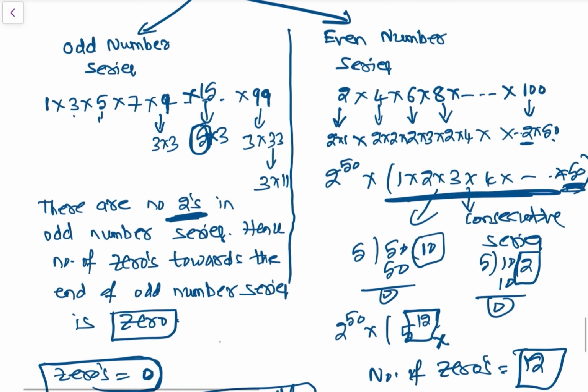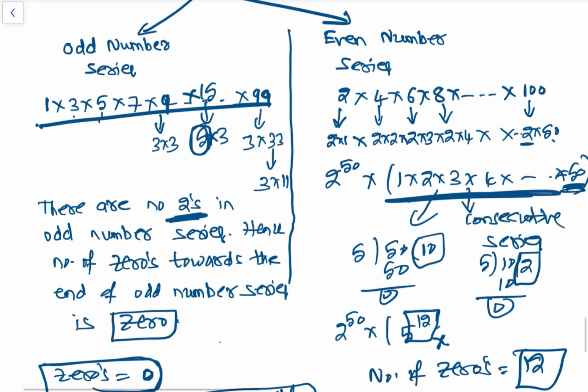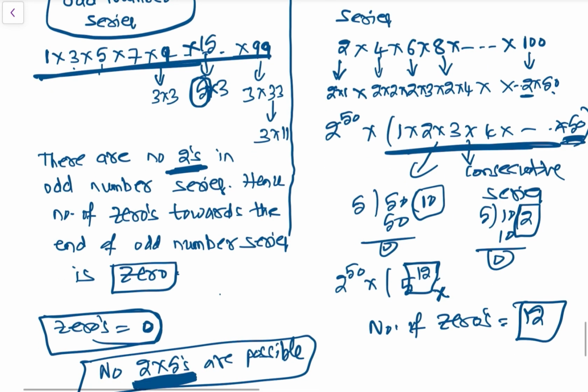So for any odd number series, the number of zeros is going to be 0, if the series is an odd number series then the number of zeros are going to be 0, ठीक है.